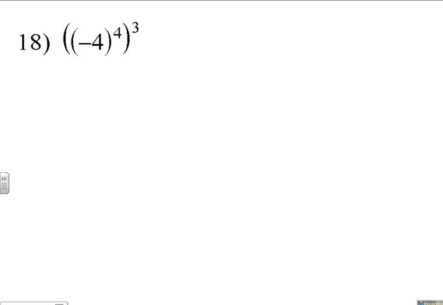Wow, how many negatives here? Well, if I just look in here, there's 1, but if I let this 4 do his thing, there's 4 of them. But this 3 has to come in there as well. Let's handle this one this way. I have 3 groups of 4 negative 4s.